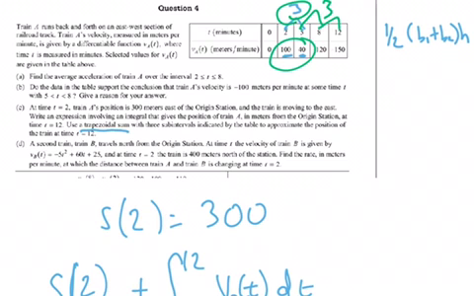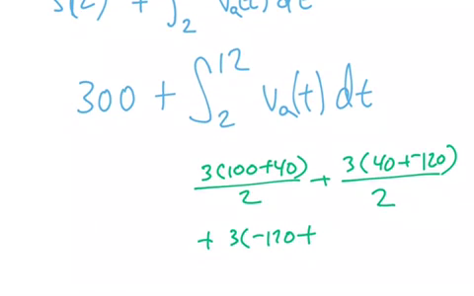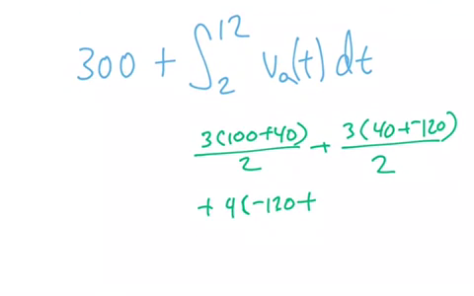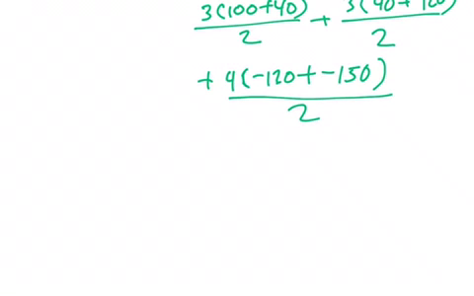Oh look, I made a mistake here. 12 to 8 is 4 actually, so this should have been 4 times negative 120 plus, I think it's negative 150. Yeah, negative 150, divided by 2. So we just have to solve that, and that's going to give me my answer.